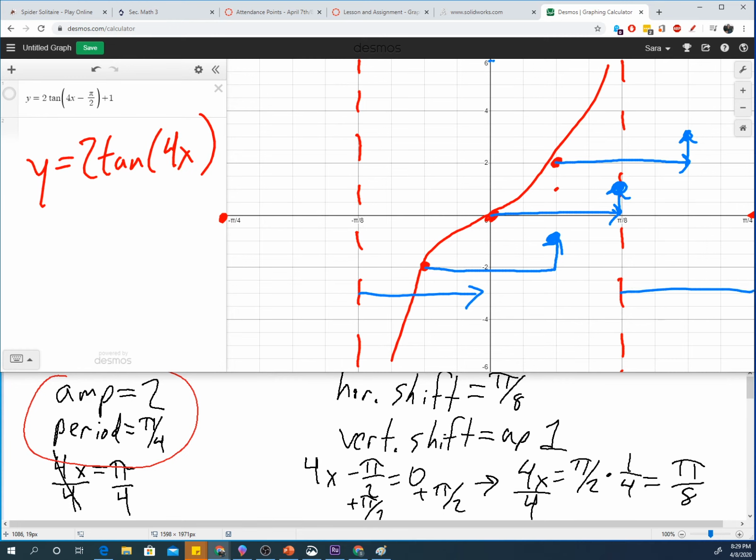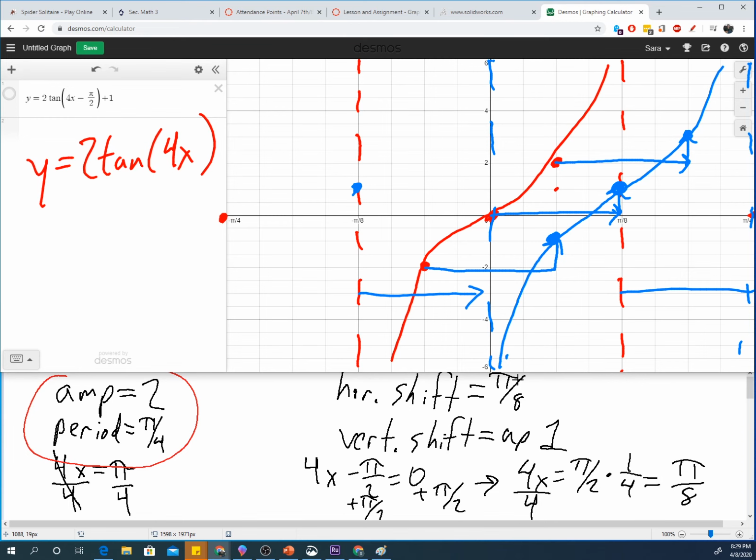So my blue function now has where my shifted function will occur. So if I go through and follow through here, that's going to be here.